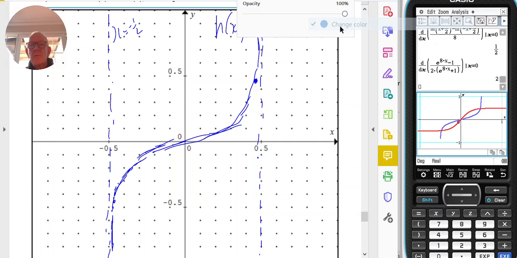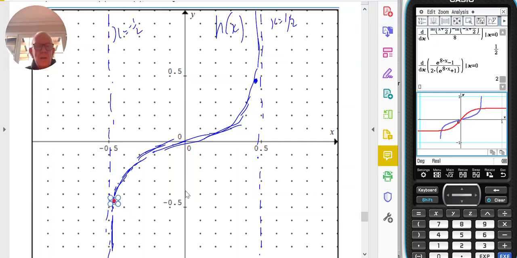Then I'm going to change my colour, pick up my red pencil, and the other one's also going to go through the same 3 points. It's going to have an asymptote at y equals negative a half and y equals a half, and the curve's going to have a gradient of 2 there.